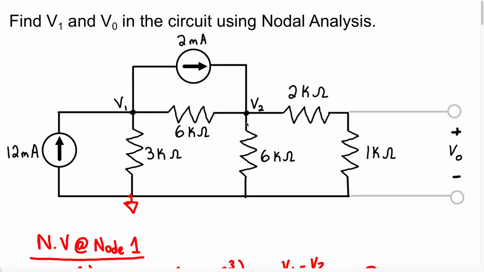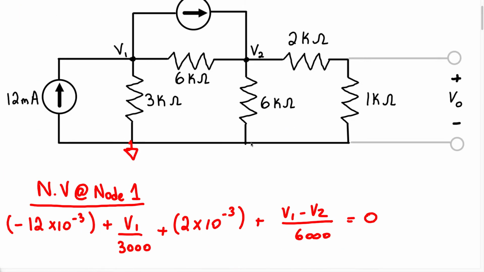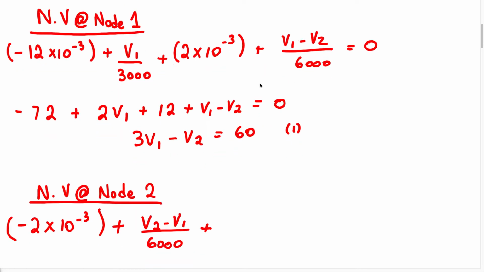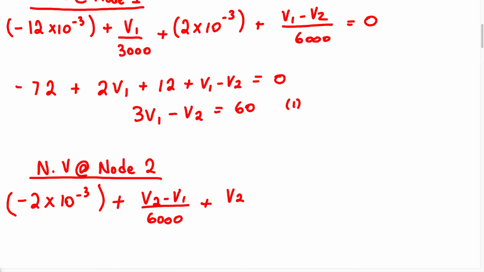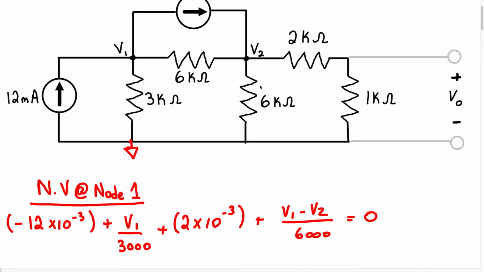Plus, we have the current in this branch here. We're going to have V2 divided by 6,000 because we want to write it in terms of Ohm's law. Plus, we have a current that's going to be flowing in this direction here, right? So what's that going to be? Now, when we look at this, we know we can add these two resistors because they're in series, which means the same current is going to flow through them.